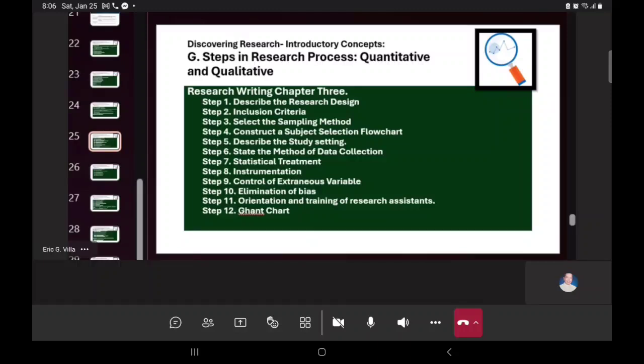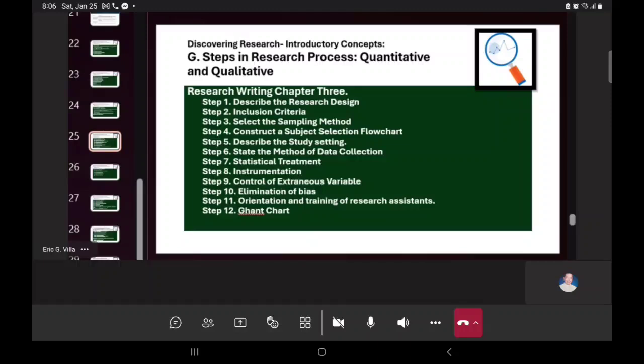This flows into defining inclusion criteria that specify participants' characteristics and the study boundaries. The sampling method selection follows, determining how participants will be chosen, which leads to creating a detailed subject selection flowchart that visualizes the participant recruitment process.